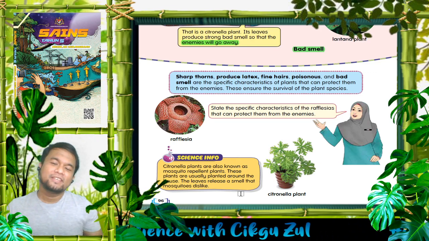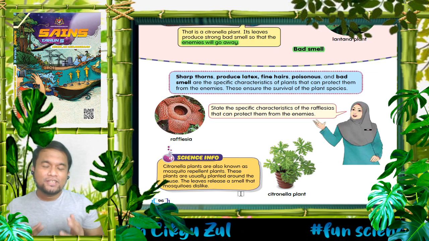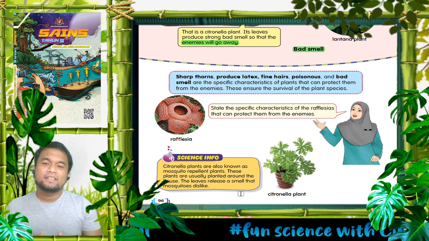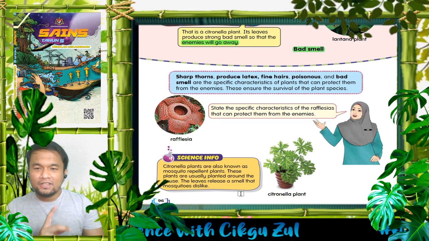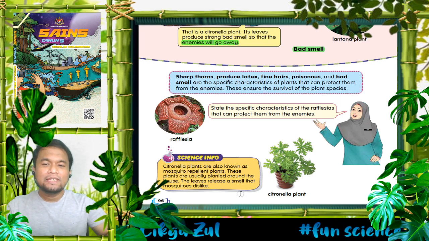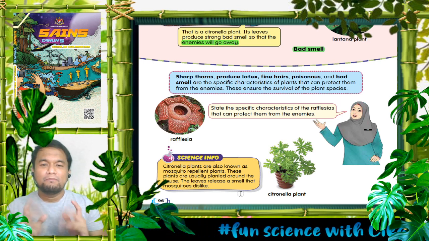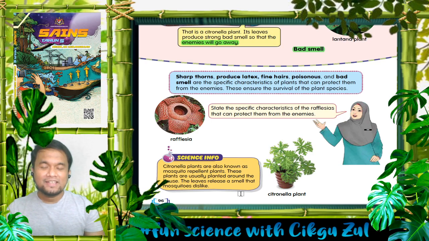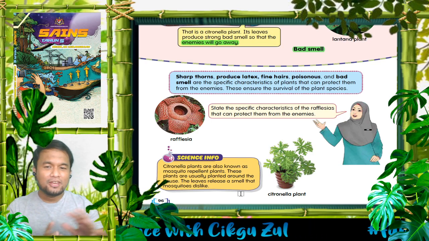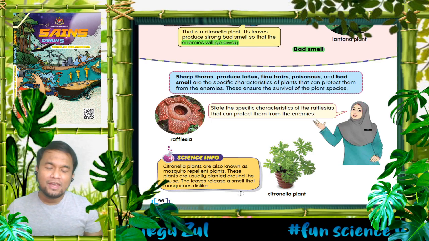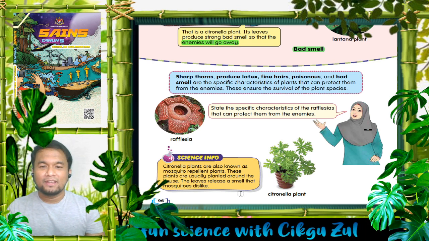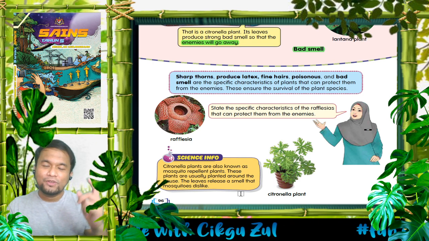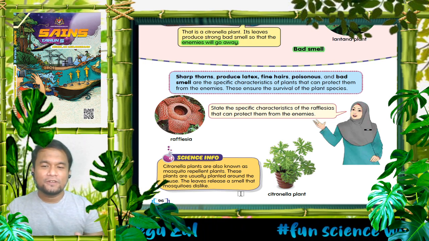So what happened? They will gradually die inside the middle part of the Rafflesia, causing the Rafflesia to give out or produce bad smell. Thus, this will avoid the enemies or surrounding creatures to get close to the plant. Okay, and that is how the Rafflesia survive.